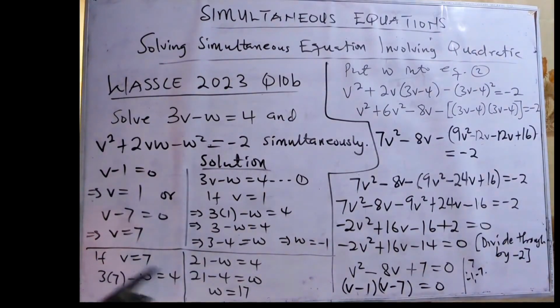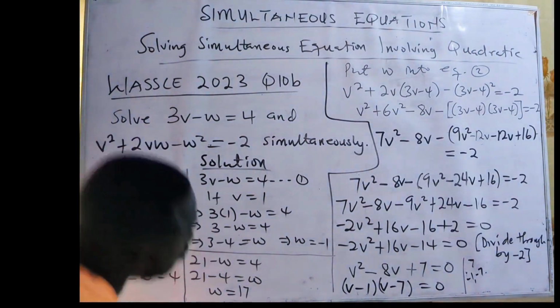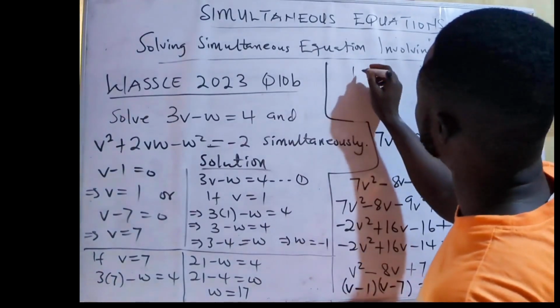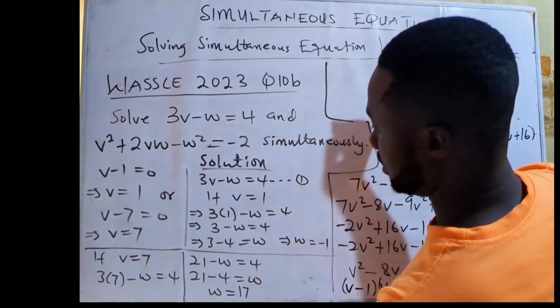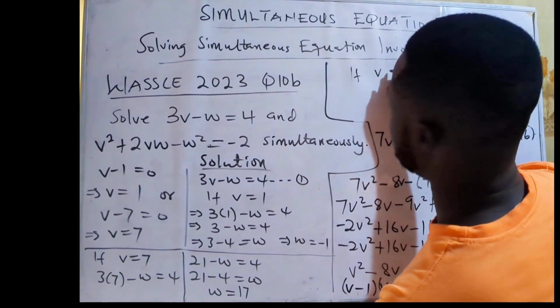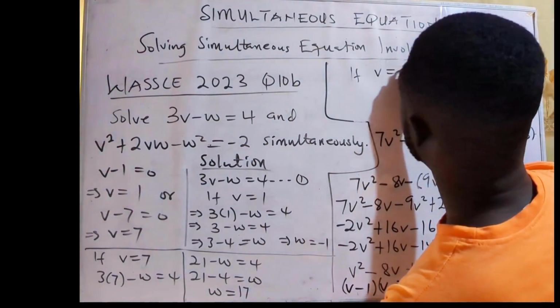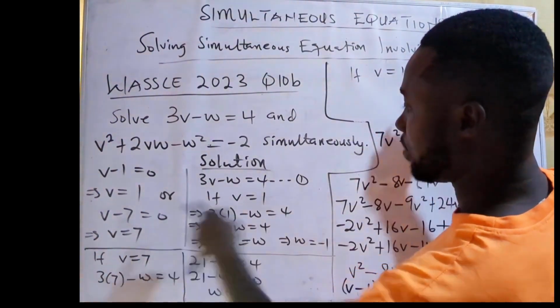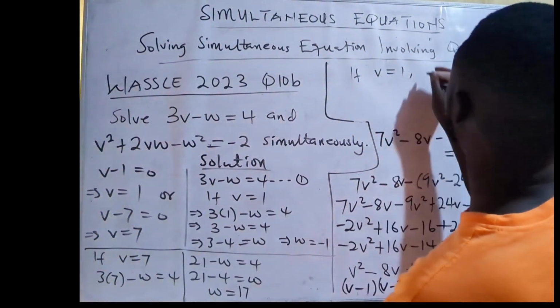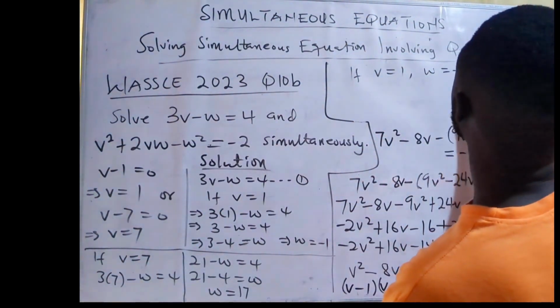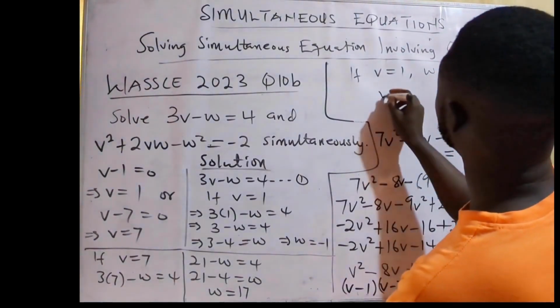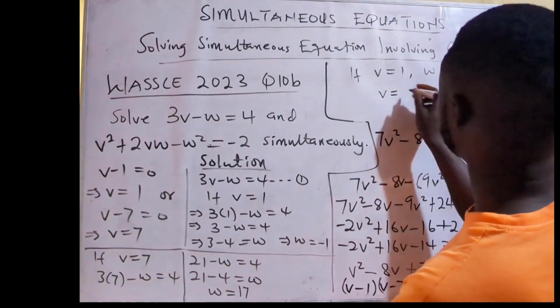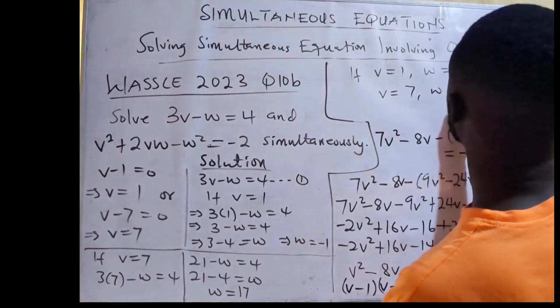So if v is 7, w is 17. We can make this conclusion: if v is 1, then w is -1, or if v is 7, w is 17.